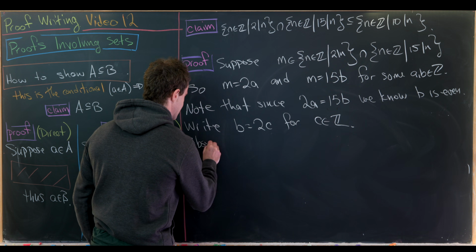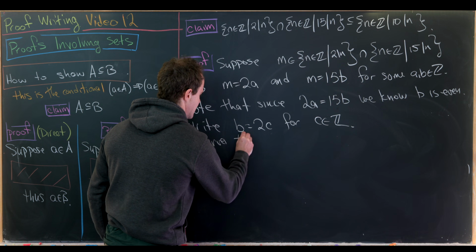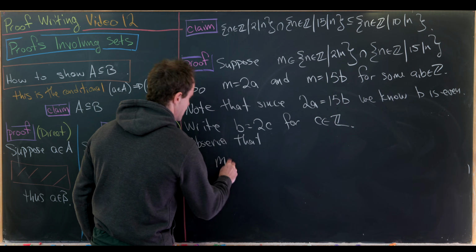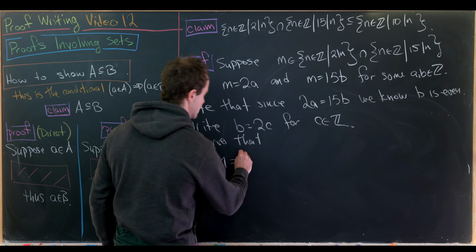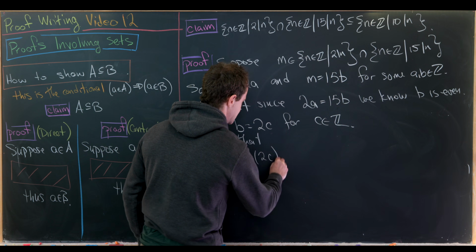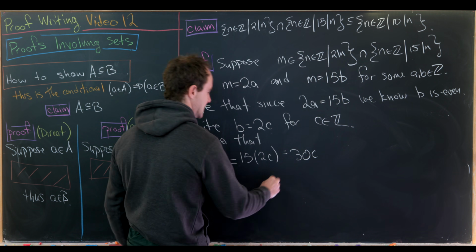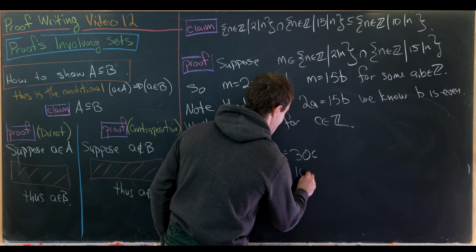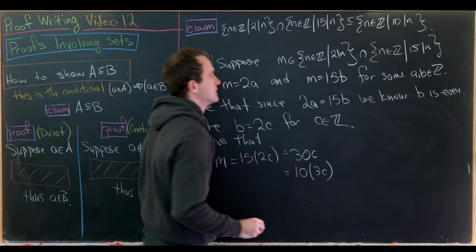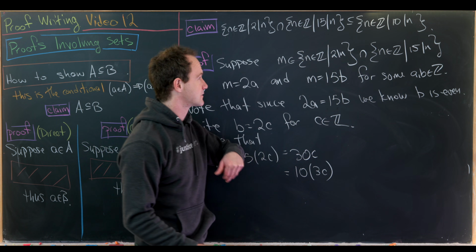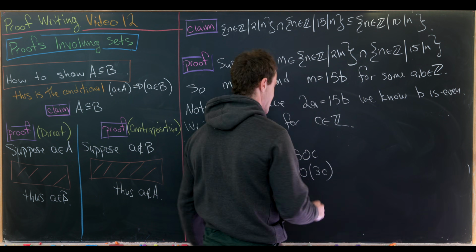So now that we have this, let's plug this expression for b into this expression for m up here. So I'll maybe write it like this. Observe that m is now equal to 15 times 2c, which is the same thing as 30 times c, which is the same thing as 10 times 3c. But 10 times 3c is an element of this right-hand set.